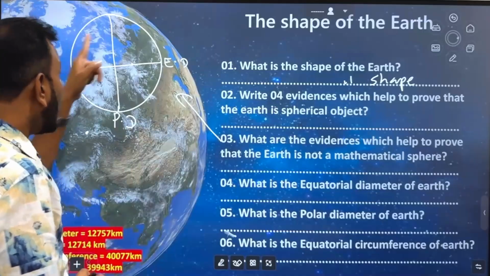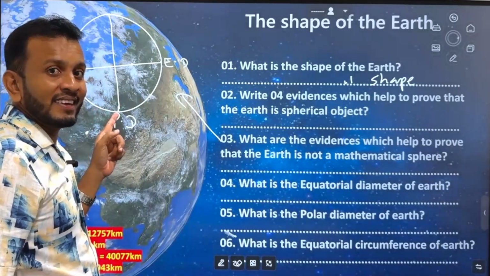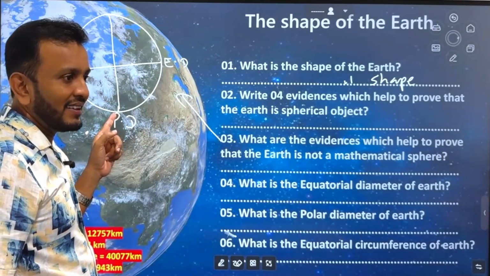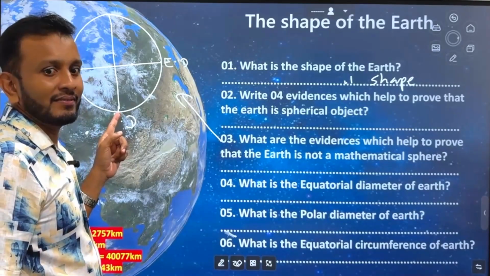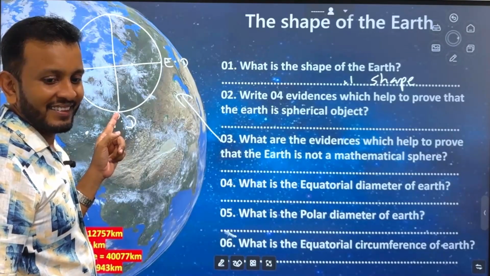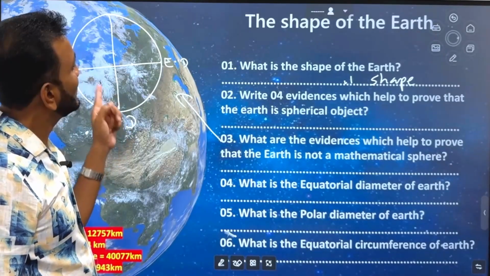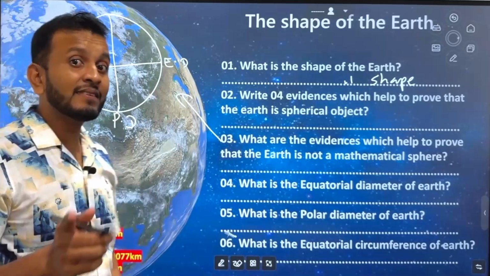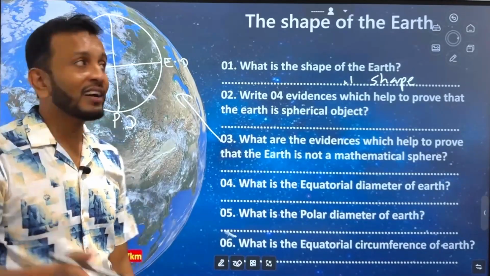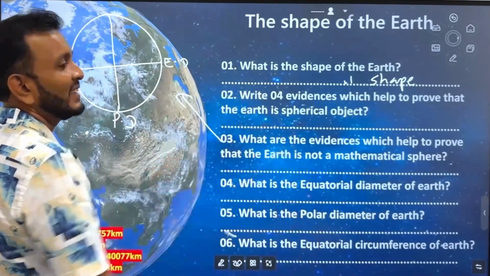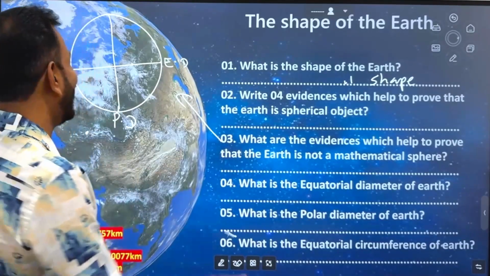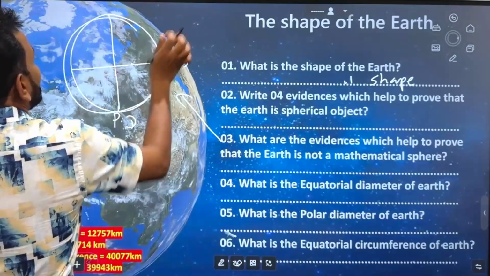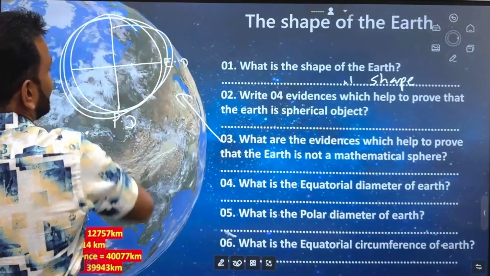The polar diameter is less than the equatorial diameter. Oh, less than.